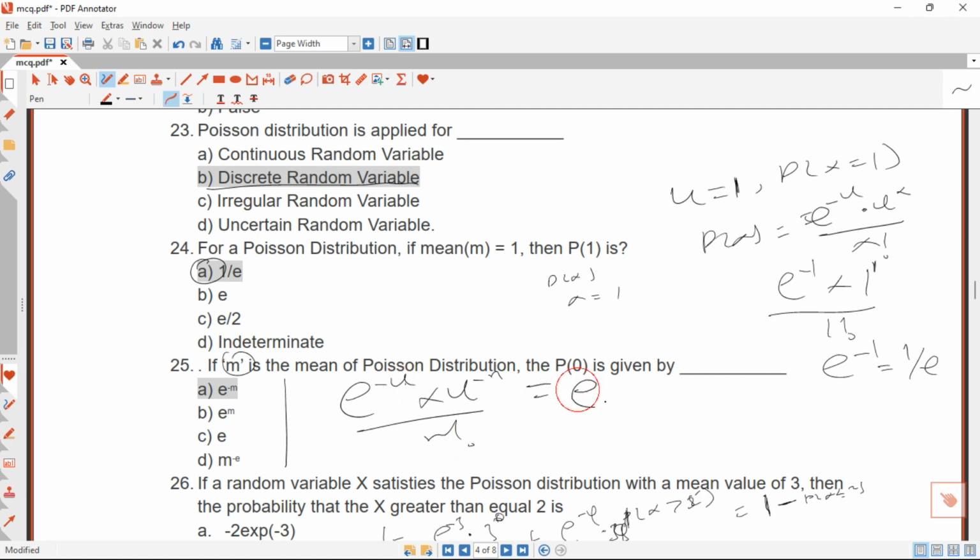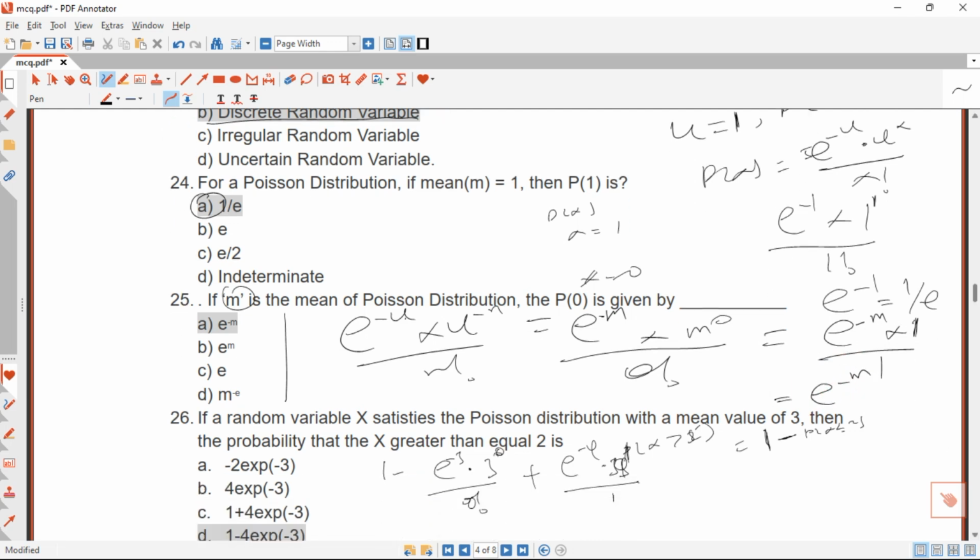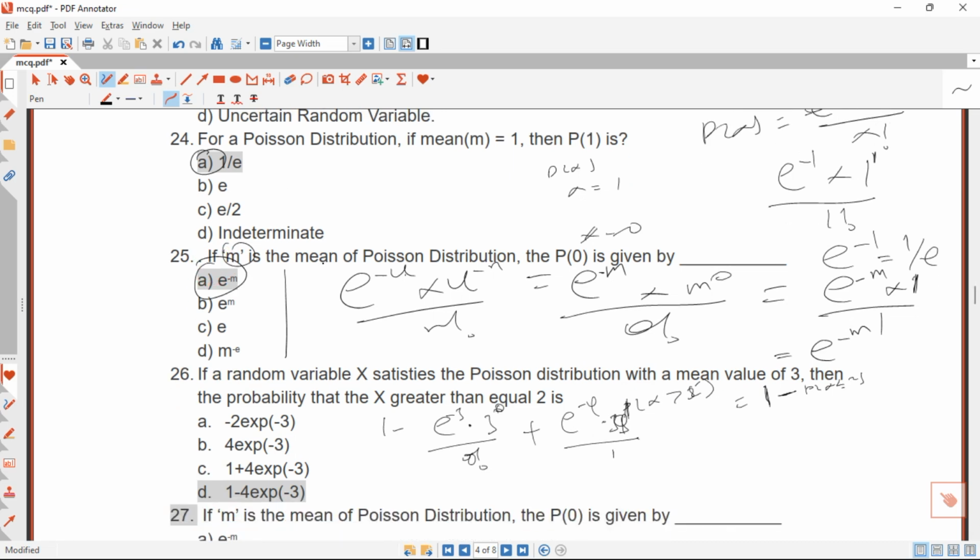So you are going to get e raised to the power negative m times m raised to the power 0, because x is equal to 0, divided by 0 factorial. Here we are going to get e raised to the power negative m times 1 divided by 1, which is e raised to the power negative m, the answer A that we have here.